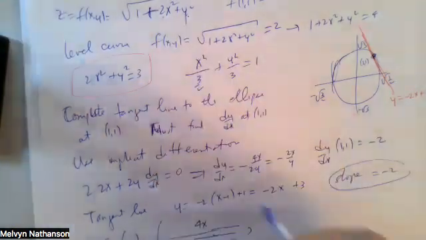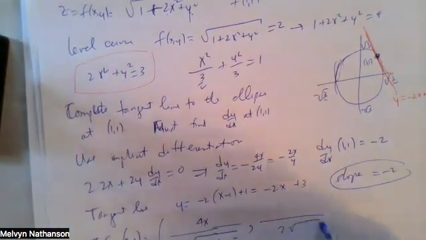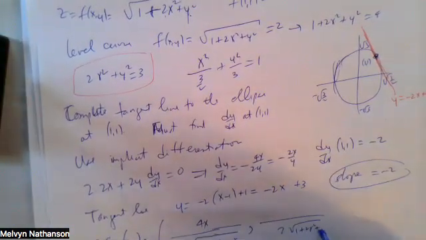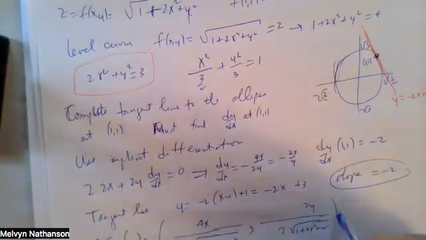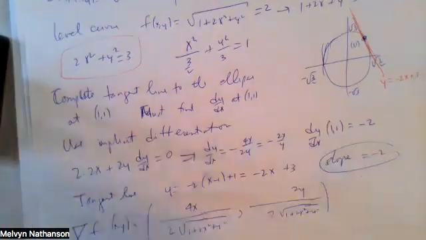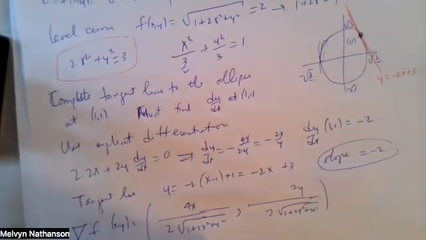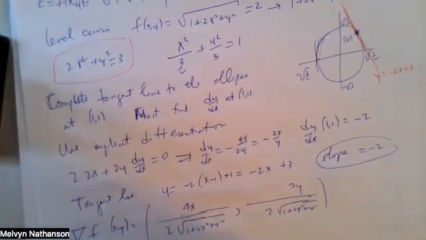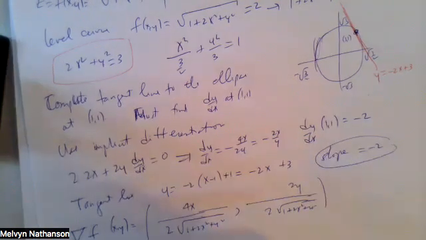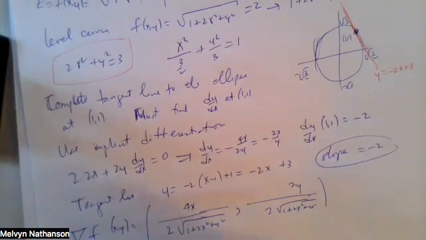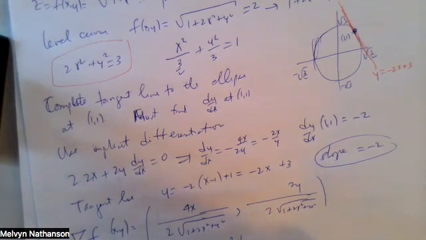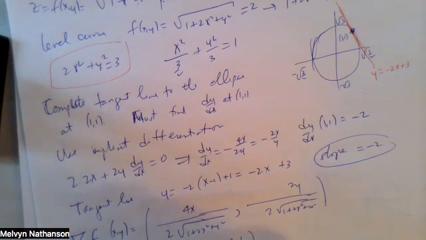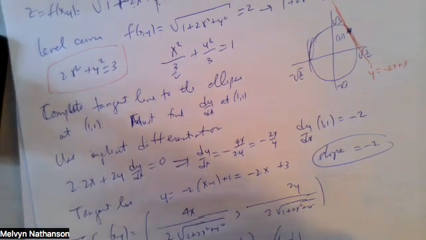And the derivative with respect to y, I get 1 over 2 square root of 1 plus 2x squared plus y squared, times 2y. So the gradient of f at the point (1, 1), where the square root is 2, I get 4 times 1 over 2 times 2, comma, 2 times 1 over 2 times 2. This is (1, 1/2).